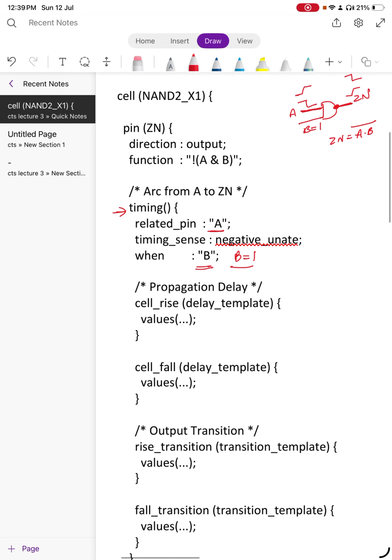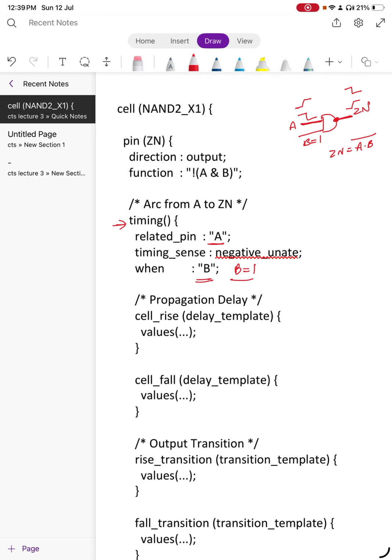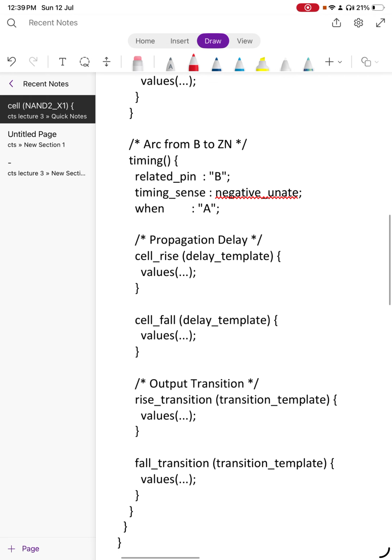Similarly for the other case, when A is 1 and B is a variable, that is C is low to high transition, high to low transition, this will follow a negative unit. So this will have high to low and this will have low to high. That's why it's a negative unit.